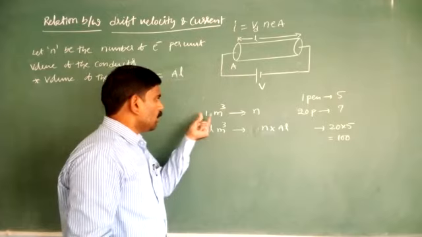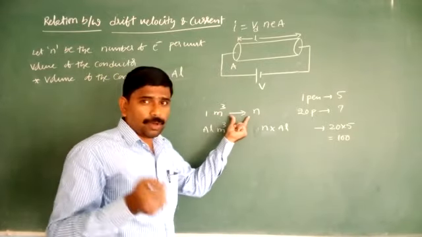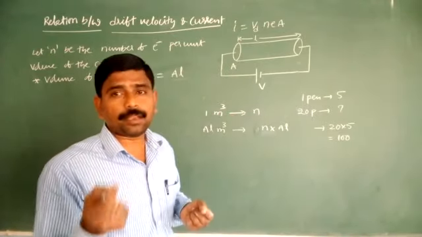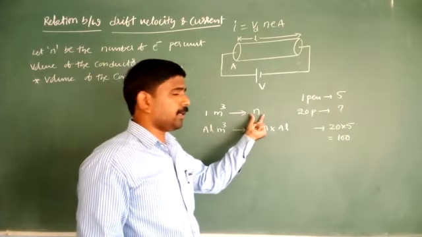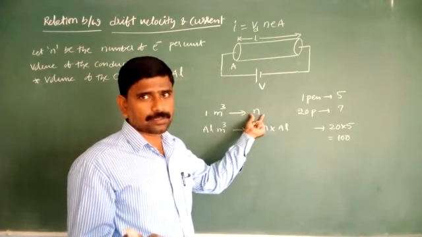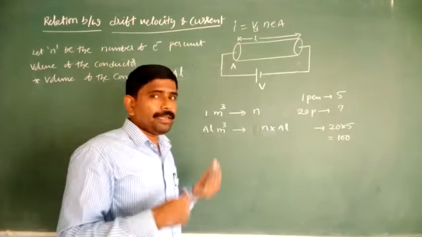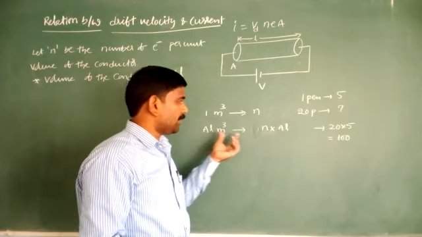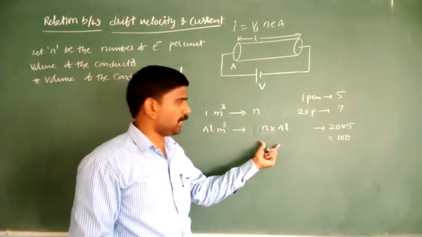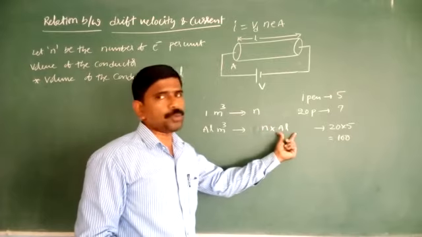Same thing here. 1 meter cube of the volume consists of N electrons. So AL meter cube volume of the conductor consists of how many electrons? That is nothing but N into AL.